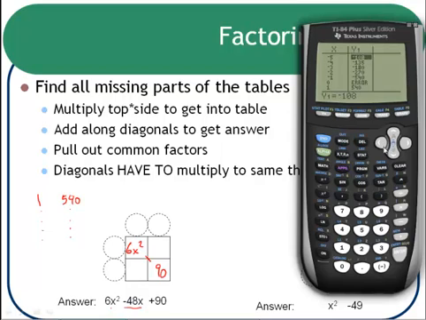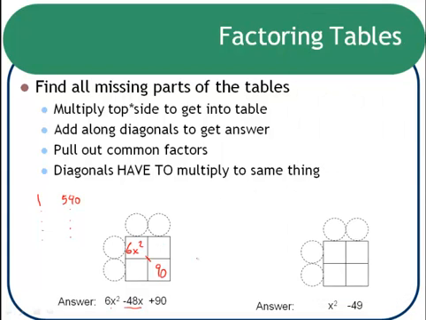And if I were to scroll through this list, eventually, here, this is it, negative 18 and negative 30. That adds up to negative 48. And so that's what goes in the opposite corners. Negative 18x's, I'll put in one corner. And negative 30x's in this corner.